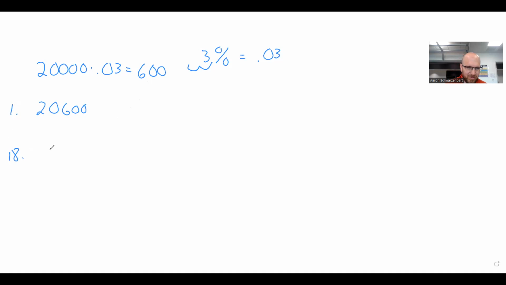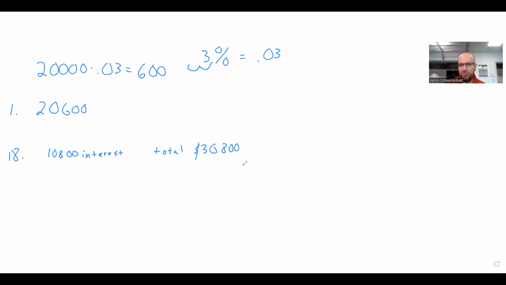I get $10,800 interest, leaving me with a total of, no, I need to add correctly. I just add my interest to my initial 20,000 and I get $30,800.